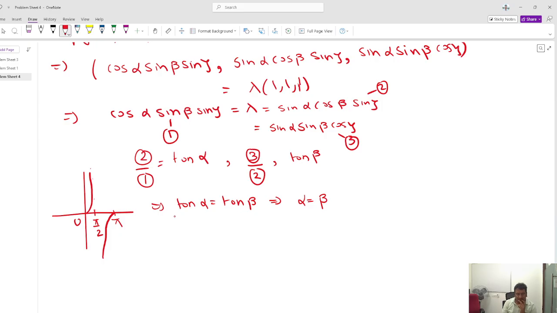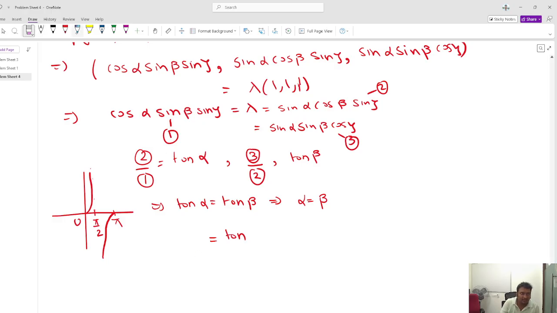If you divide 3 by 1, you get something different, or maybe 1 by 3.